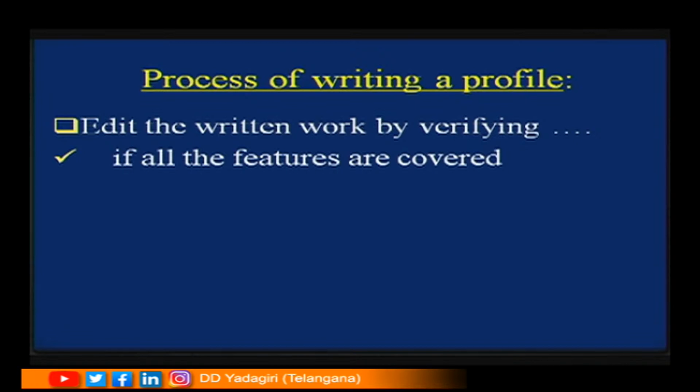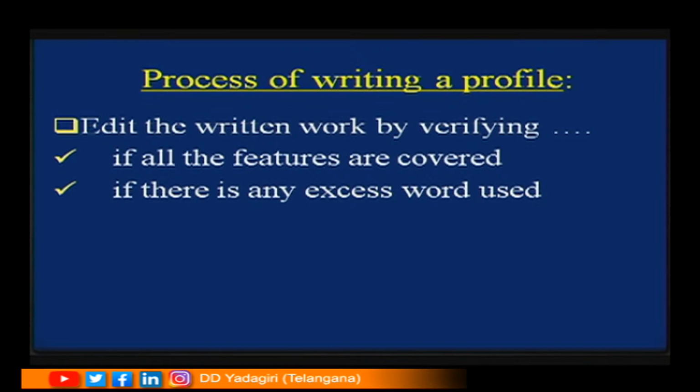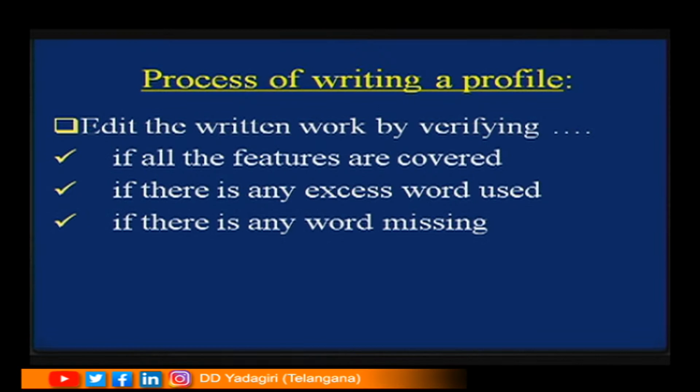Check whether you have written the profile by covering the features of the profile, and then check if any excess word is used in any sentence, and verify if there is any word missing in any sentence that you have written in a profile.